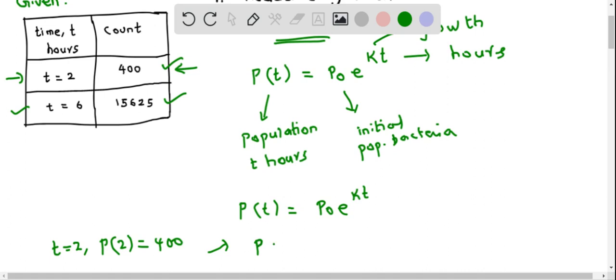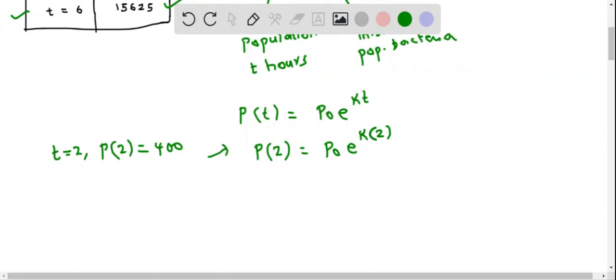When we do that, we get P of 2 equals P naught e raised to the power of k times 2. Since we know that P of 2 equals 400, we have the equation 400 equals P naught e raised to the power of 2k. Let's say this is equation number 1.